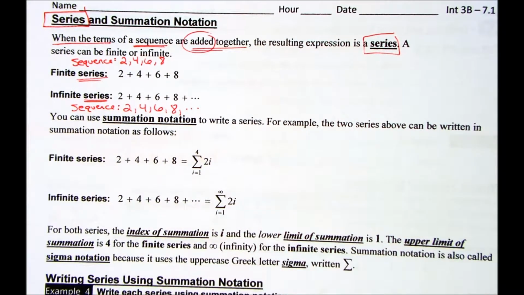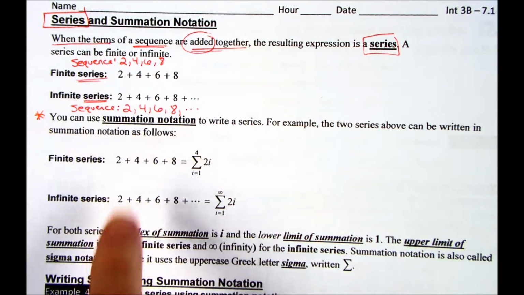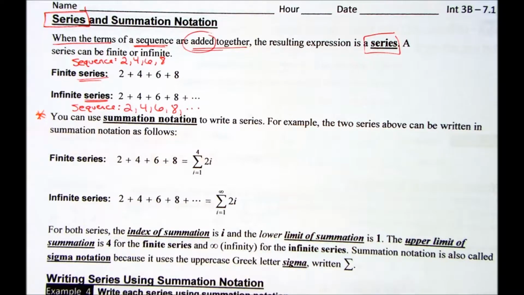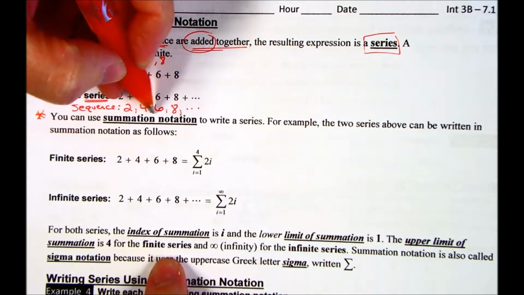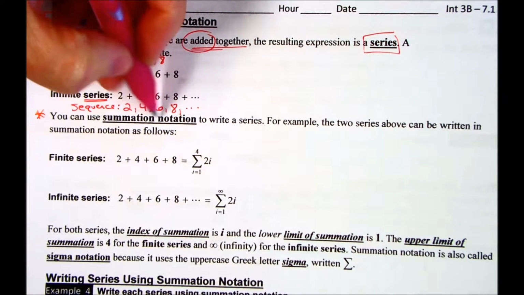All right, so the next part says you can use summation notation to write a series. For example, we have these 2 series that I showed you up here. Summation notation is kind of a new word, so maybe we should highlight that.